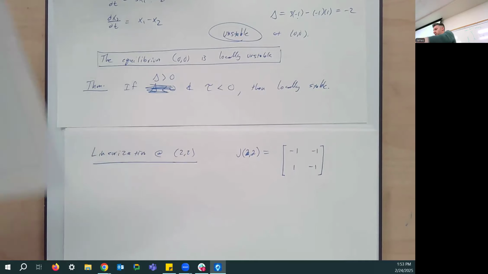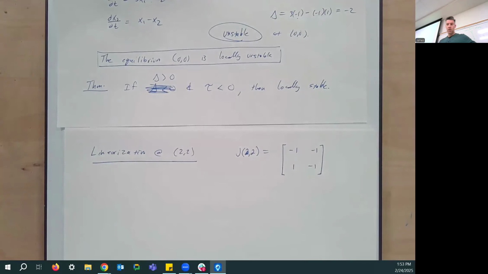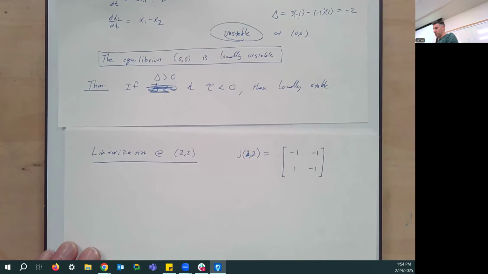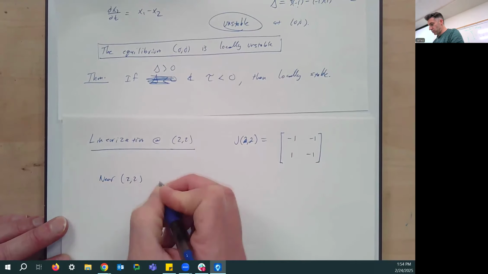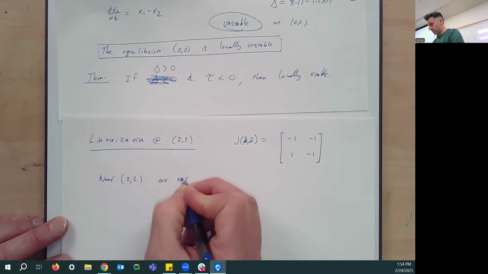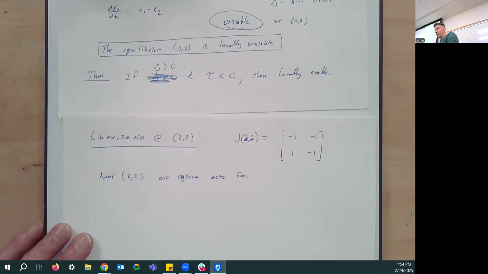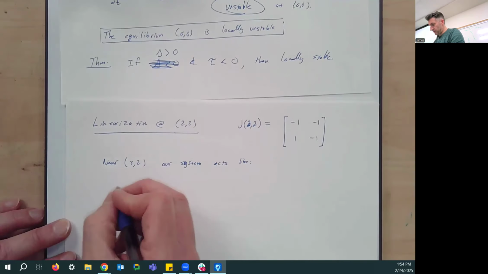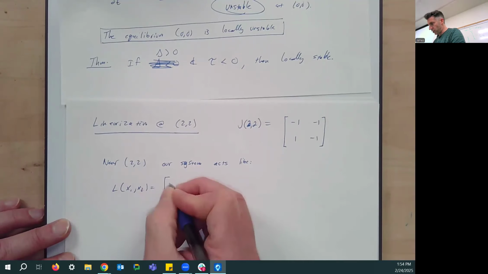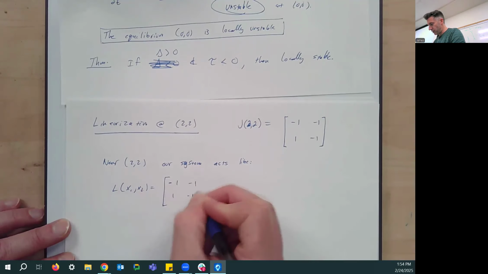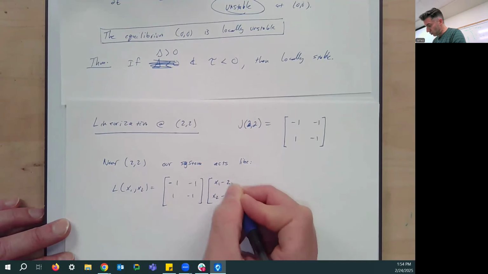Just as a reminder, there's my Jacobian matrix. I'm just plugging in 2 for x1 instead of 0 for x1. Let's go ahead and write the linearization. Near 2, 2, our system is going to act like, and I'm going to be extra careful this time, L of x1, x2 is equal to our Jacobian, -1, -1, 1, -1, times x1 minus 2, x2 minus 2.